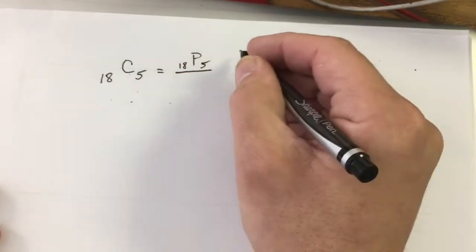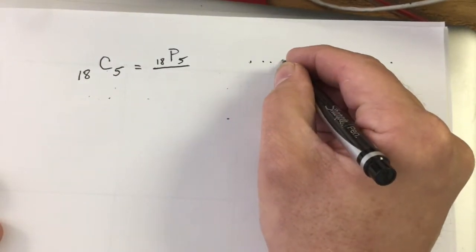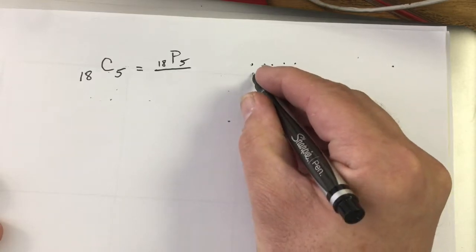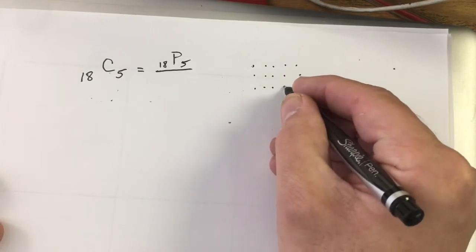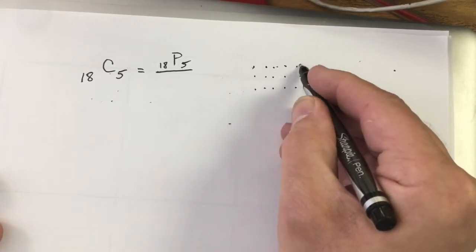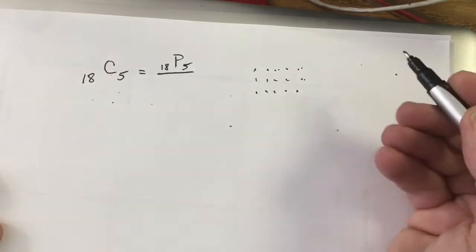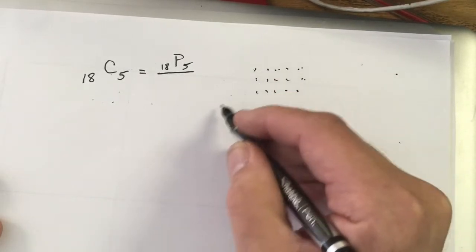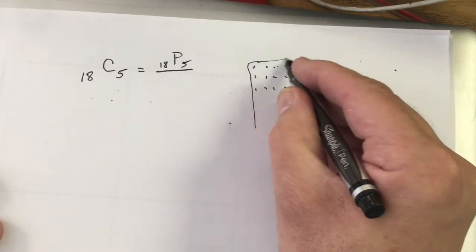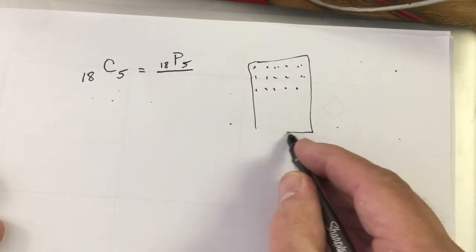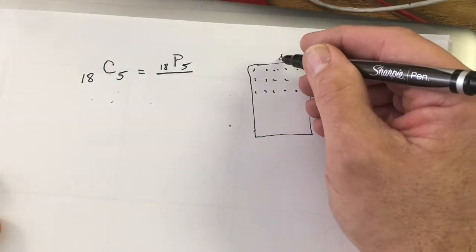And the thing is, if I chose them and counted all the different ways I could choose 5 balls, and I counted each ordered set differently, in other words, 1, 2, 3, 4, 5, 5, 4, 3, 2, 1, 5, 1, 2, 3, 4, if I count each one of those differently, well, that's too many. Because the truth is, no matter how many ways I can pick them, it counts as one way to win.